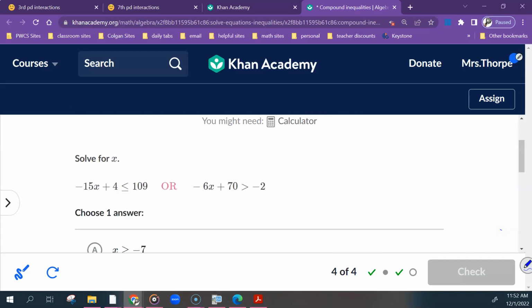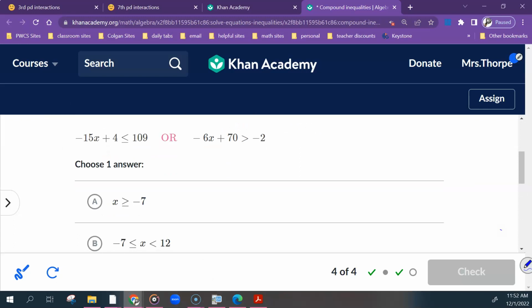Alright, so write this one down. Negative 15x plus 4 is less than or equal to 109. Or negative 6x plus 70 is greater than negative 2.